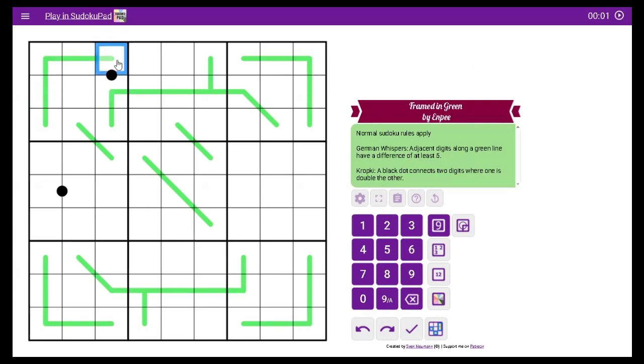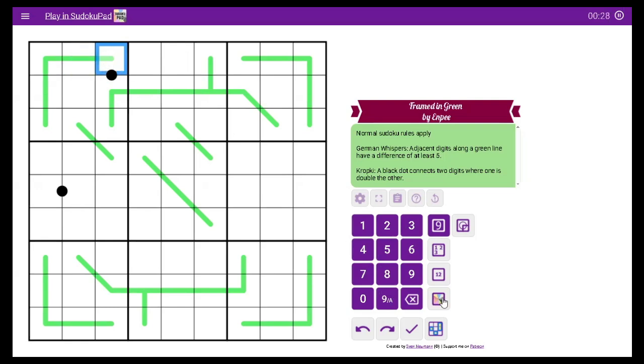All right, first thing I'll do whenever I see a German Whisper puzzle with a decent amount of German Whisper lines is color them. So what do I mean by that? Well, those three cells, right? If we imagine how it goes along the German Whisper line, you alternate between low and high digits because this cell is 5 different from this cell.